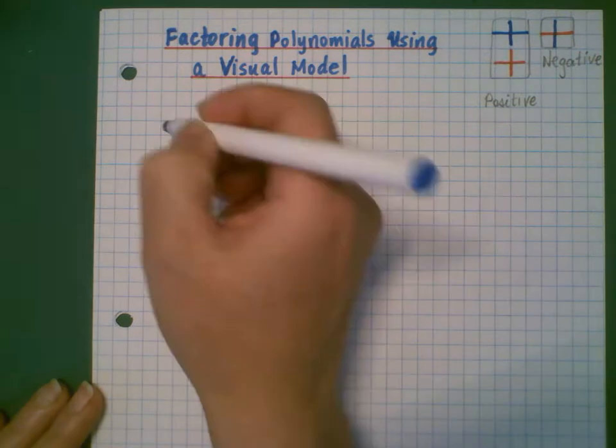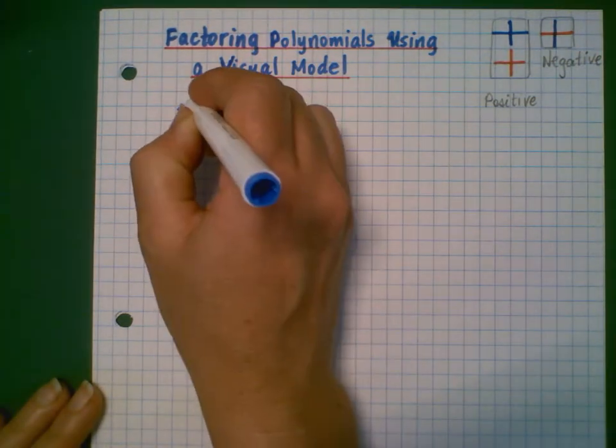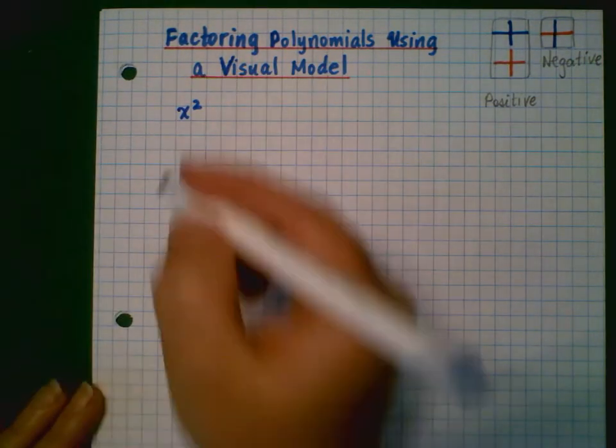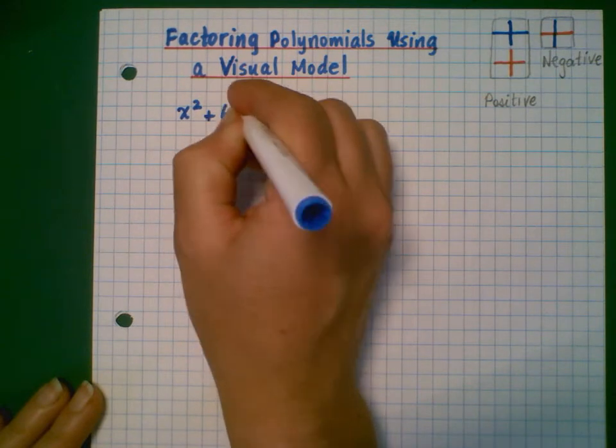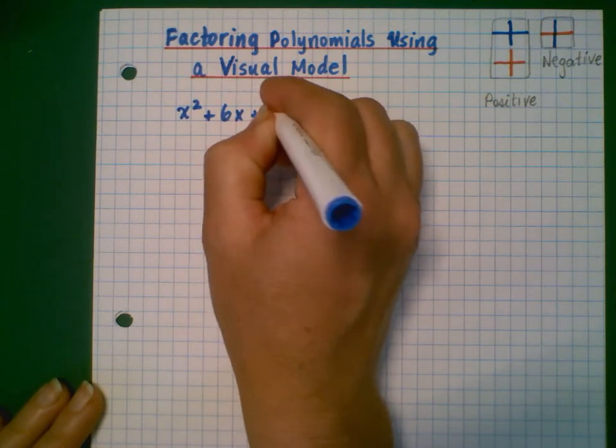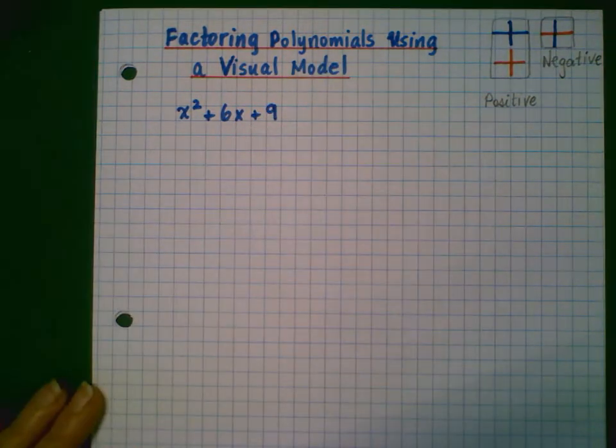So we're going to start with an example of x squared plus 6x plus 9. In this method, I'm using color to represent the sign of various values. You can see up here in the corner I've drawn a little diagram to help remember.